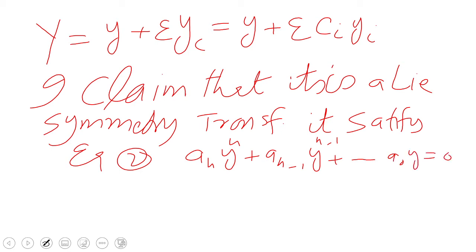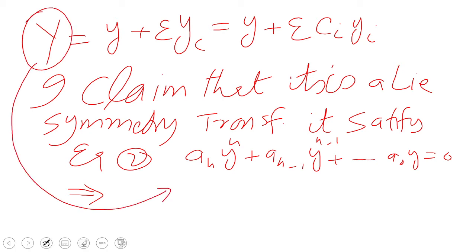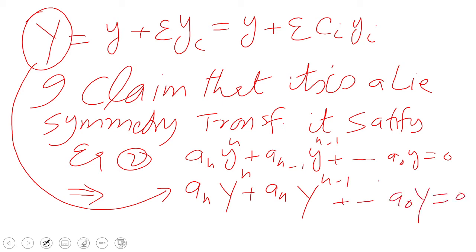So my claim is that the capital Y will satisfy this equation, that is a_n Y^(n) + a_(n-1) Y^(n-1) up to a_0 Y equal to 0. So let's put it in this equation.